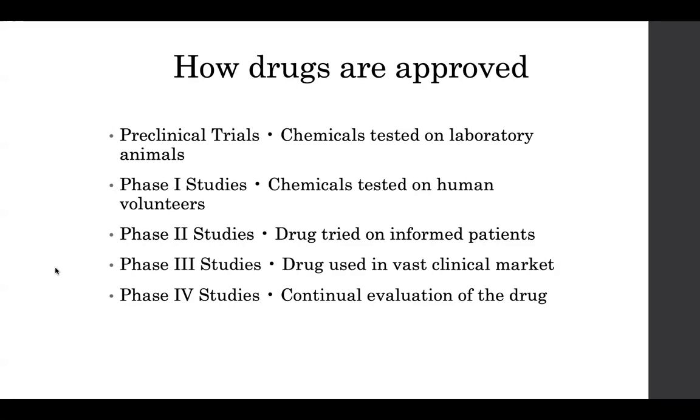In phase 3, the drug has been brought out onto the clinical market and is now available for prescription use. And phase 4 is once a drug has been released and they are continuing to evaluate it and make sure that they have enough information on side effects and all of that.